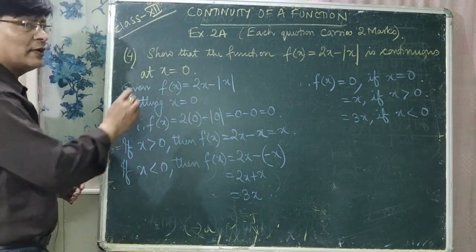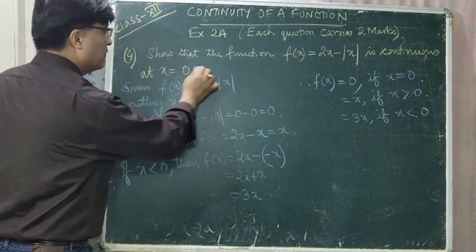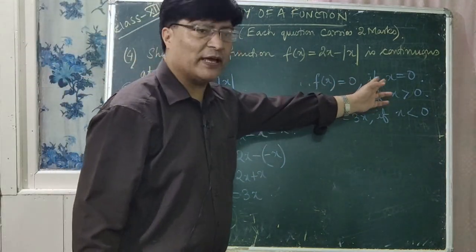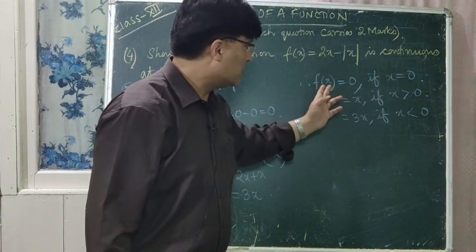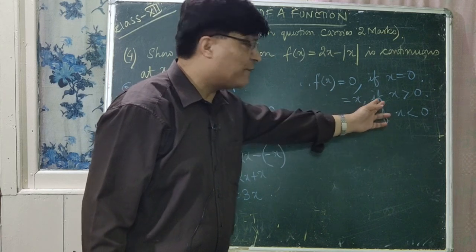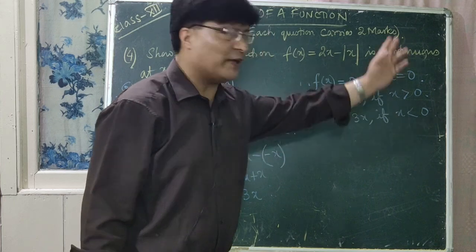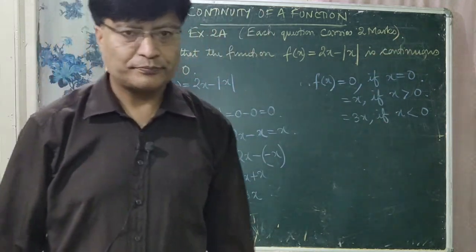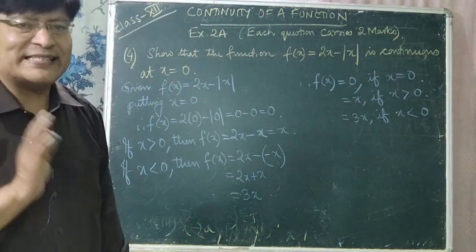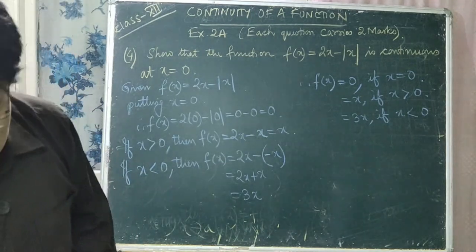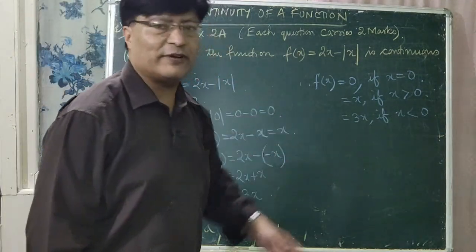So we have redefined this given function as f of x is equal to 0 if x is equal to 0, f of x is equal to x if x is greater than 0, and f of x is equal to 3x if x is less than 0. Now you can check the continuity of the given function, because this is the simplified function of x.